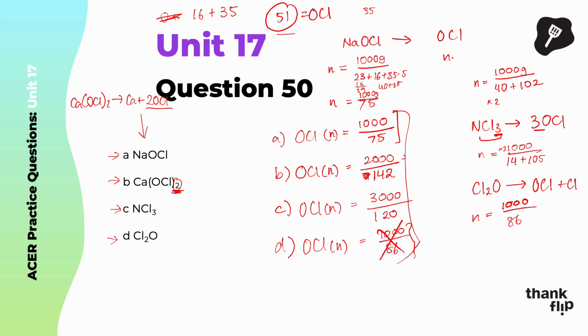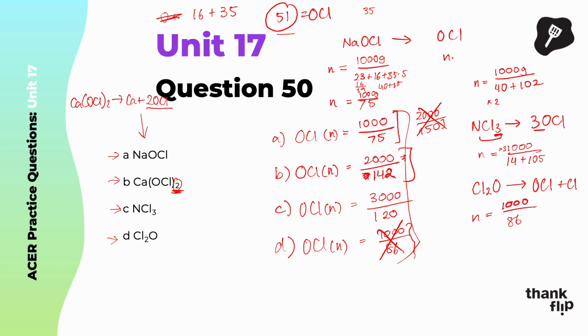Then I'm going to multiply this by 2, so we get 2,000 over 150. Okay, and here the denominator is smaller, and this denominator is bigger, which means that this is the bigger option.